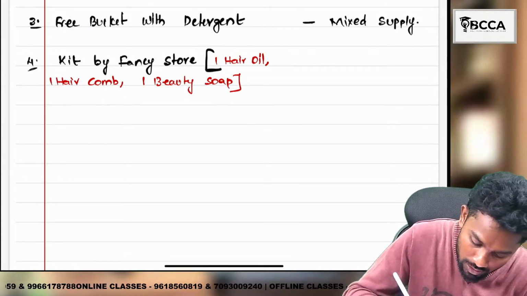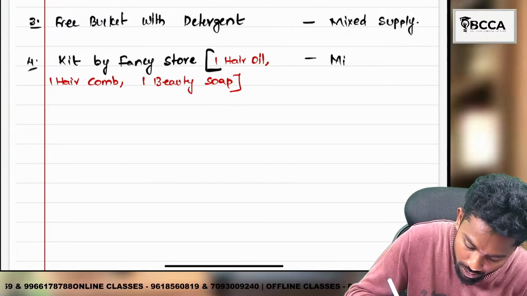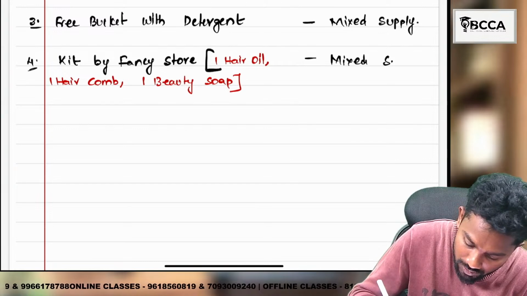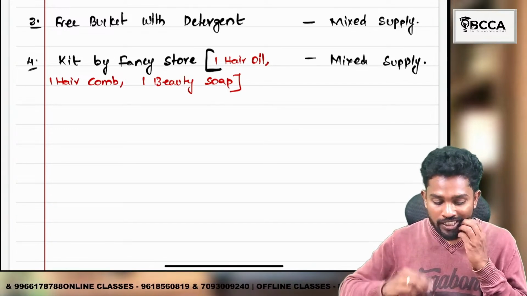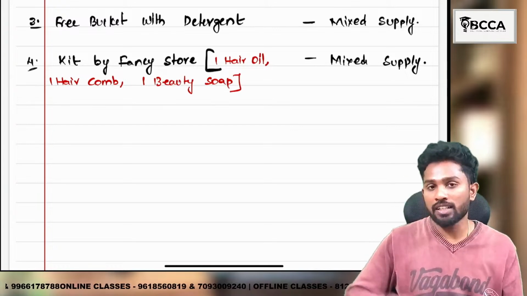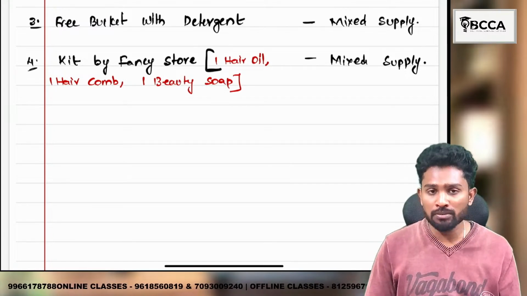Which is also what? Mixed supply. Fancy Store sells like this. For getting ready instantly, they sell one hair oil sachet, one comb, one beauty soap.